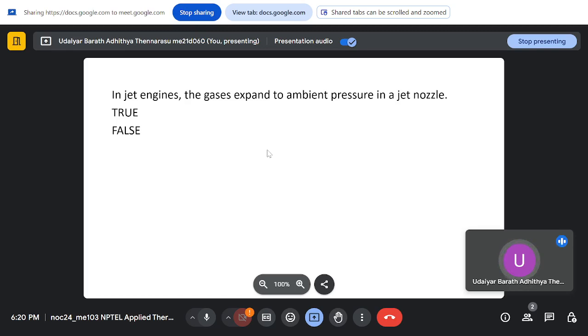Then you are expanding it. This expansion you are doing basically to run the compressor. After that, it passes through a nozzle. So it's called a jet nozzle, where another expansion happens. So this increases the velocity. If you see, it's true because at the end of the nozzle outside it's the ambient, so it expands till ambient. So answer is true.